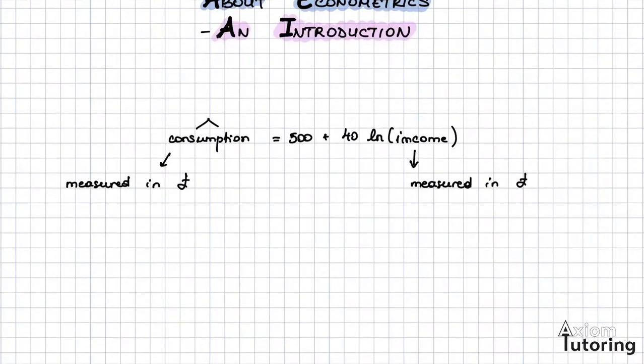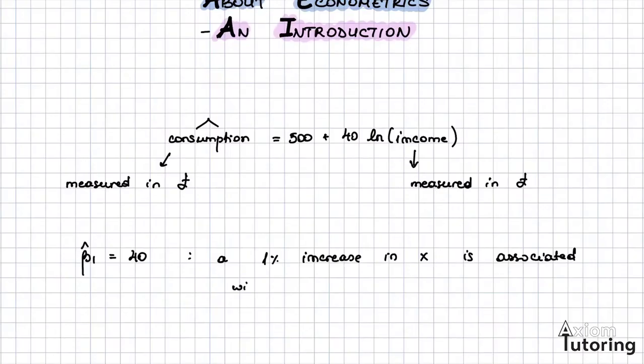In this case, the slope, beta one hat, is clearly 40, which, using the rules that we know by now, means a 1% increase in X is associated with a beta 1 over 100 change in Y. Okay, so this is the standard interpretation.